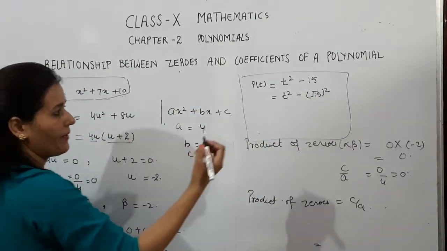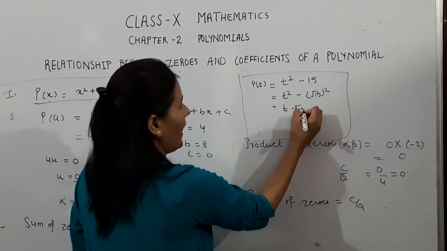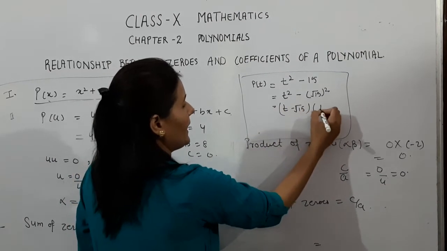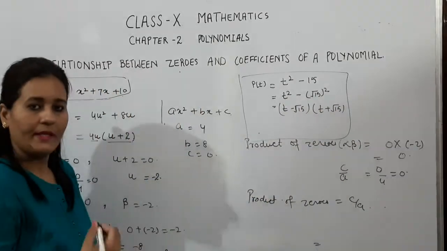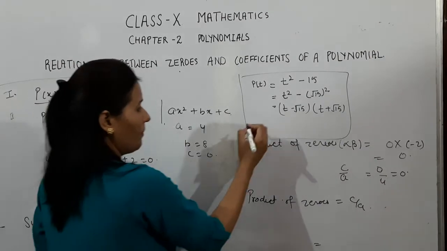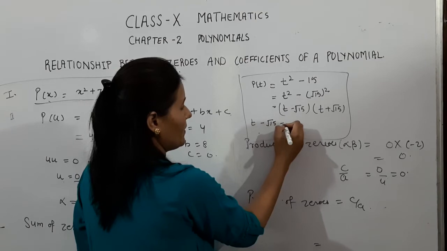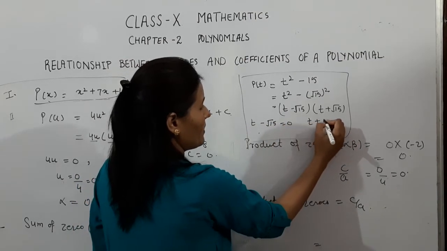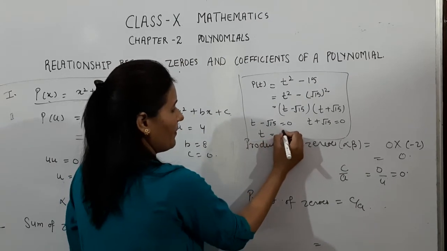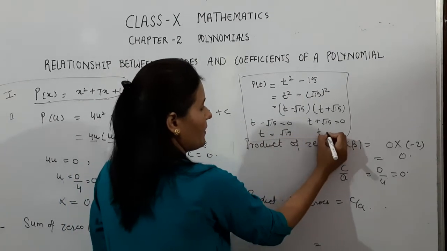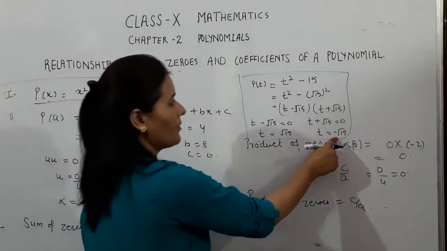Now factorize this. The factors will be t minus root 15 and t plus root 15. To get the zeros of the polynomial, put each individually equal to 0. t equals root 15 and t equals minus root 15. This is your alpha and this is your beta.